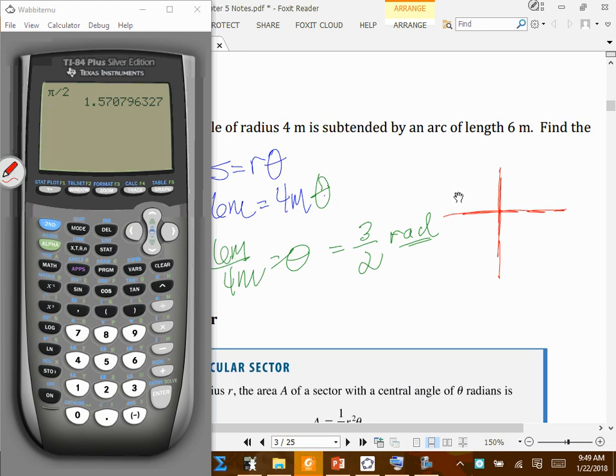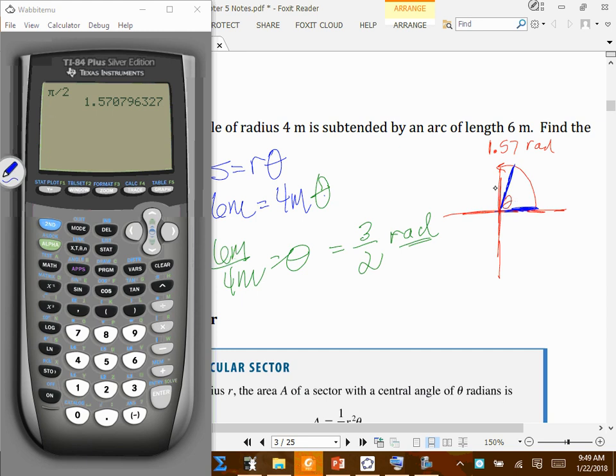If that arc right there is pi, then that one is pi over 2. So this is 1.57. So if I look at that angle right there, theta, that's 1.57 radians, correct? Well, what we just found is 3 over 2 radians. Well, 3 over 2 is 1.5, isn't it? So wouldn't you agree that maybe that angle right there is 1.5 radians?